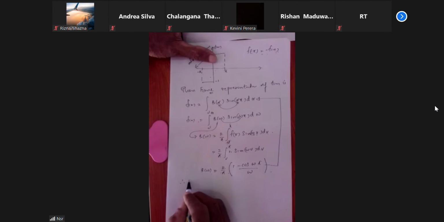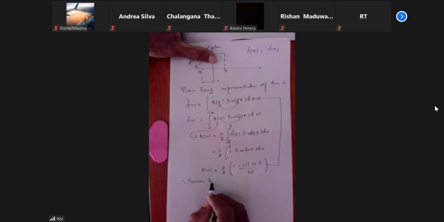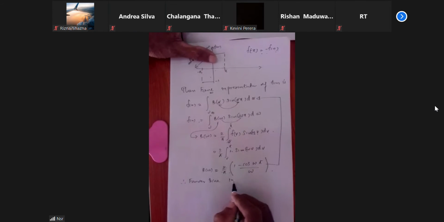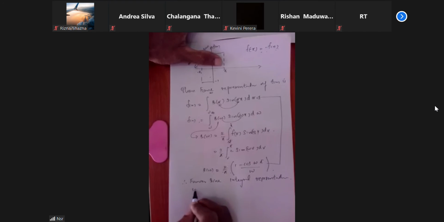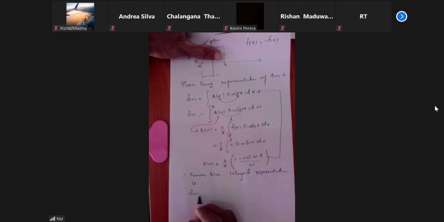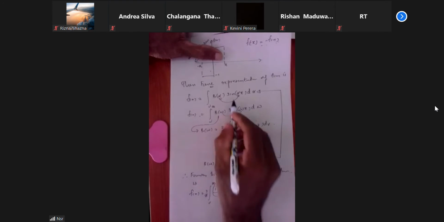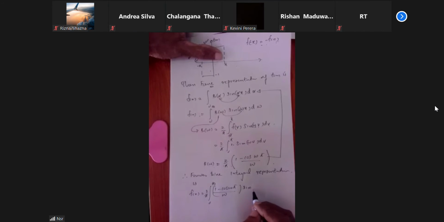Therefore, the Fourier sine integral representation is f(x) equals integral from 0 to infinity, 2 over 5 you can take out, 1 minus cos omega 5 divided by omega into sine omega x d omega. So this is the answer you have.